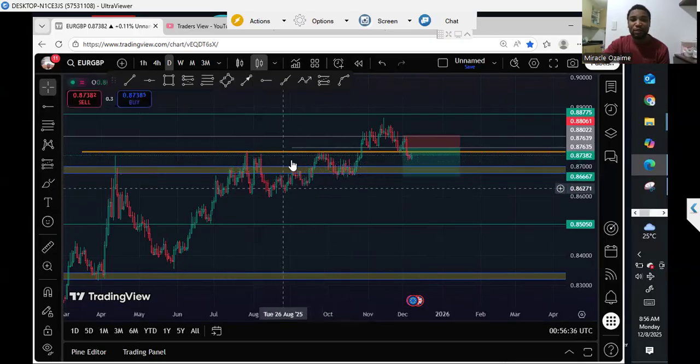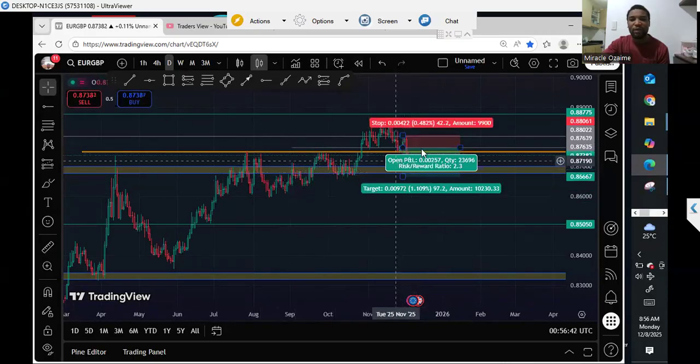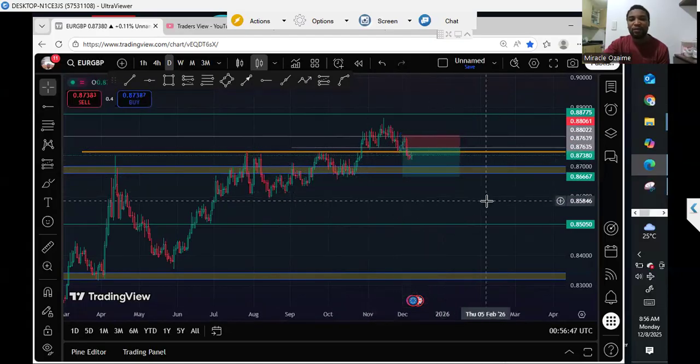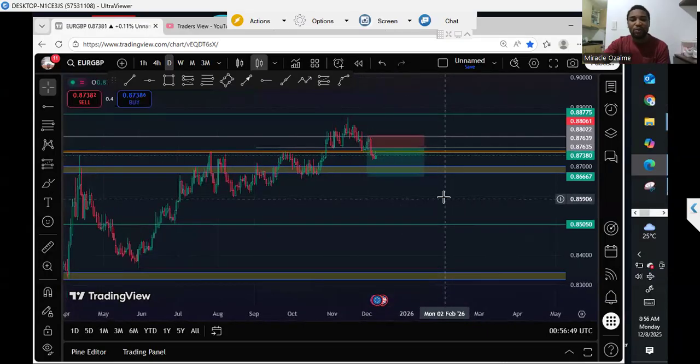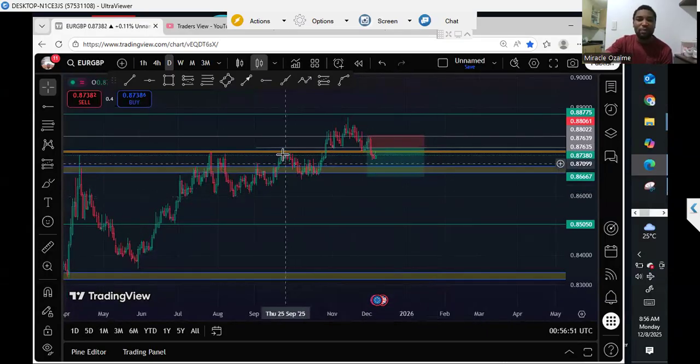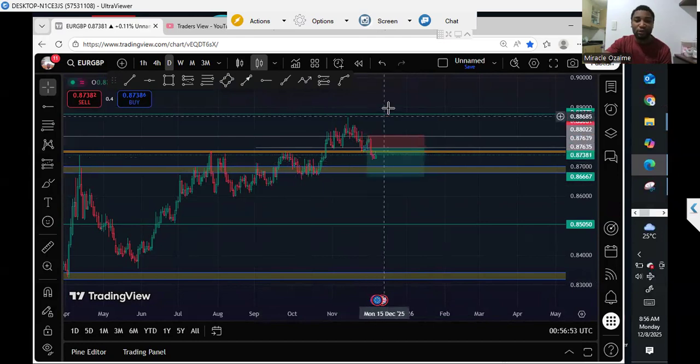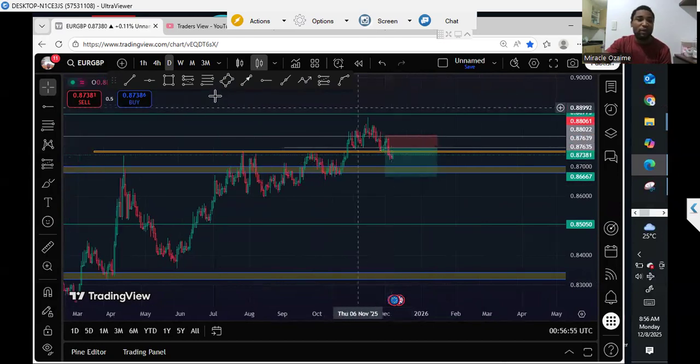If I see multiple rejections and a correction just like this, correct downward, push up, correct downward, then I will not be placing this order. However, I could also look at price to form a base around this area to continue going up. So that's why I'm very careful with this price.